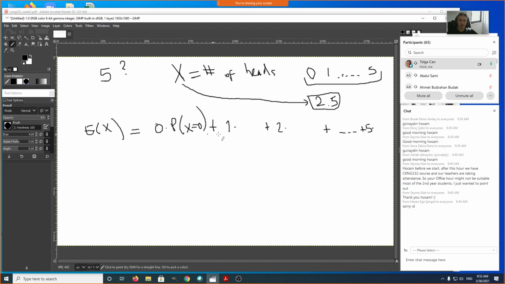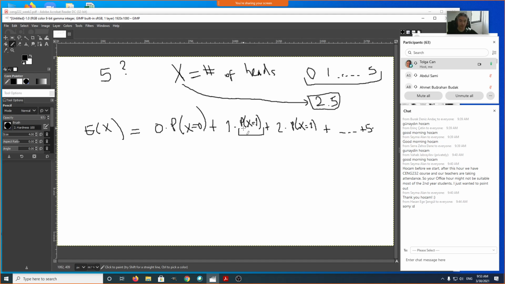And these weights are going to be the probability of x to be 1, all right? The probability that x is equal to 2. So these weights, as you can see, make it a weighted average because they all add up to 1.